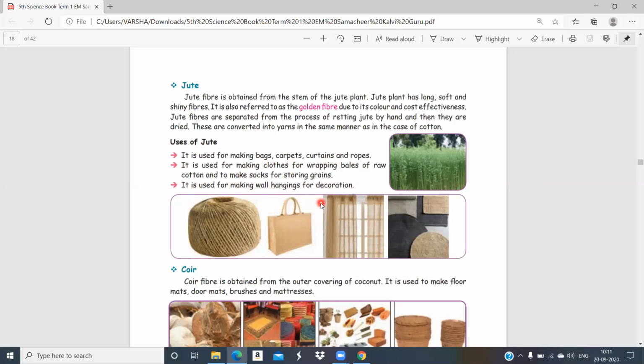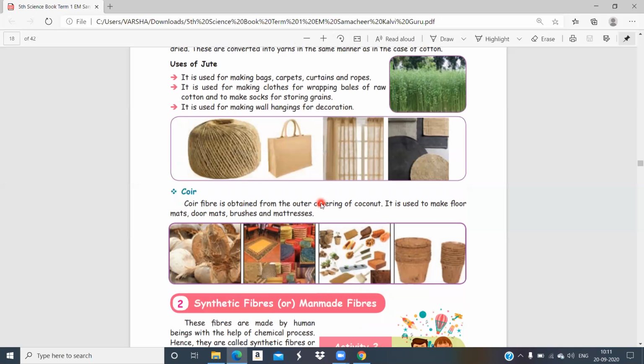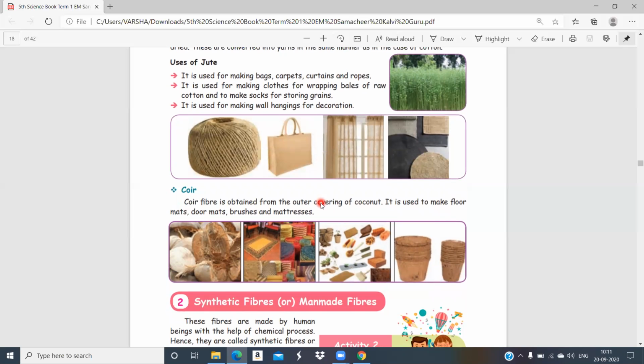Many things we make from jute, and for decoration also we use jute.